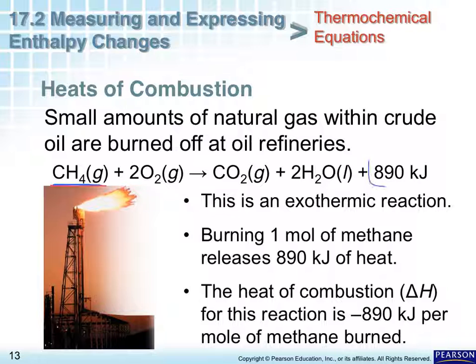It says I also produce 890 kilojoules. So the balanced equation says 1 mole of methane releases 890 kilojoules of heat. So if I wrote that as the enthalpy, or delta H, that would be a negative 890 because it is an exothermic reaction.